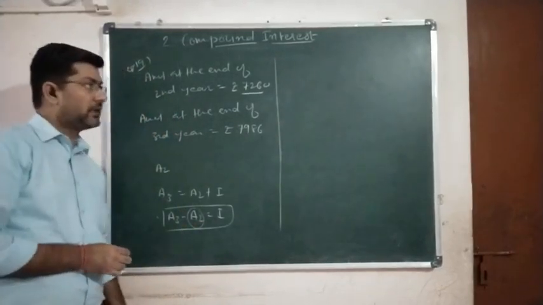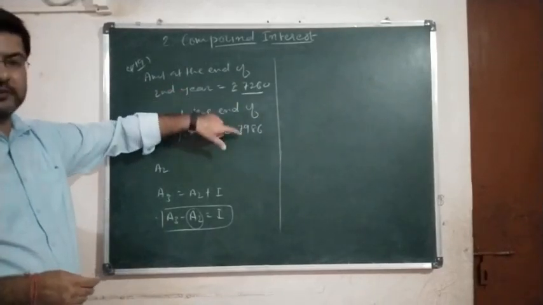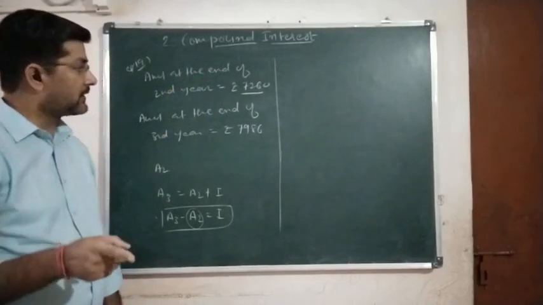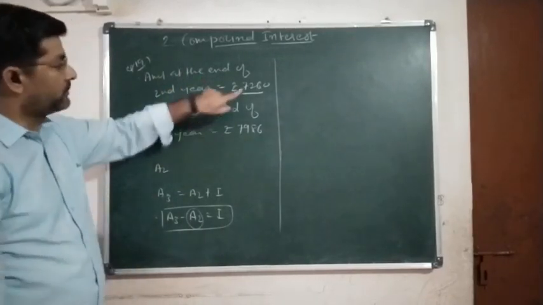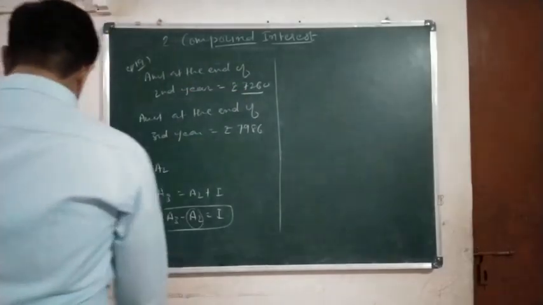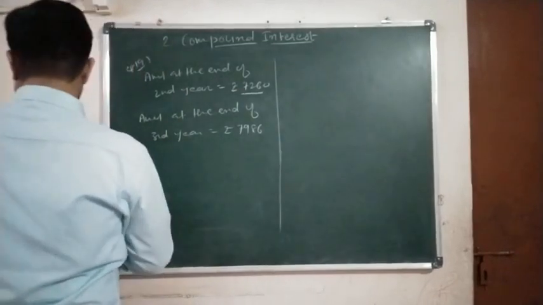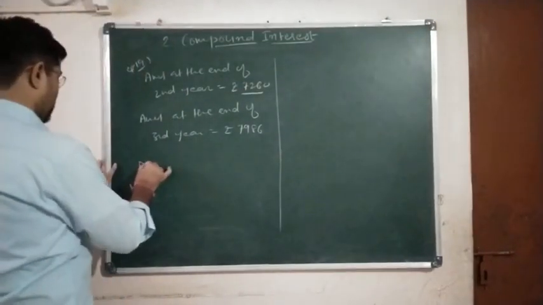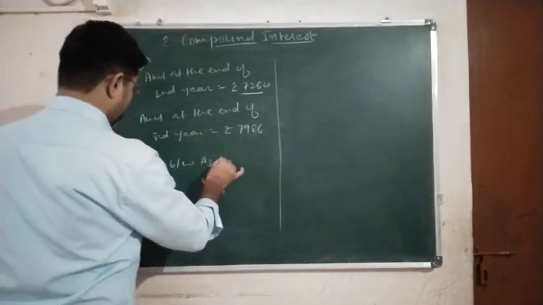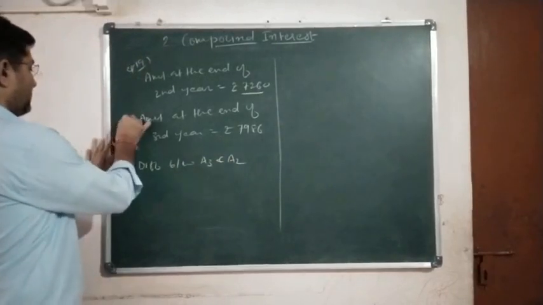Clear? So here what is the next step? We will take the difference of the amounts of two successive years. Now that difference is the simple interest for 1 year on rupees 7260. Clear? So the difference between A3 and A2. Okay, here by A3 we will mean amount.